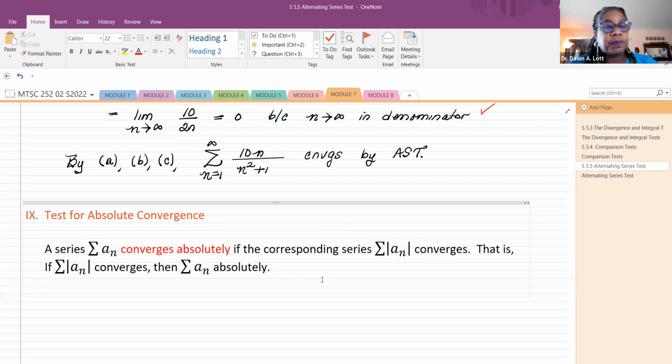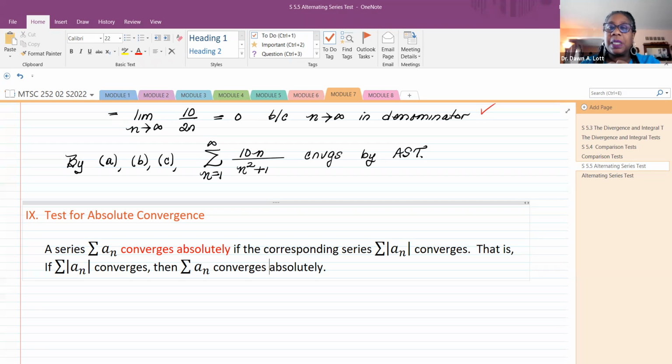That is, if the summation of the absolute values of an converges, then the summation of an converges absolutely.